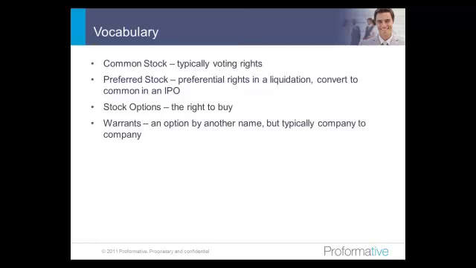Warrants. Warrants are another kind of stock option. But typically warrants are granted company to company, whereas stock options are typically granted company to individual, like an employee. Employees tend to own most stock options, but that's not always the case. You can grant non-employee stock options depending on your stock option plan.